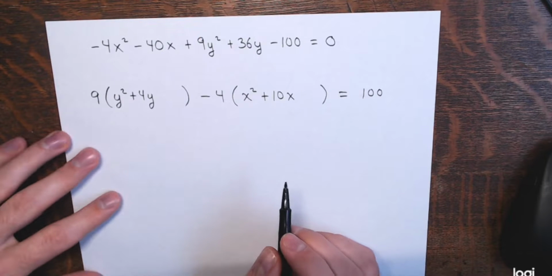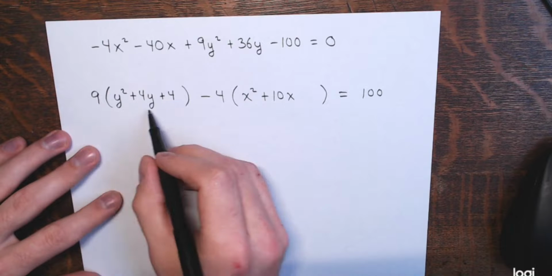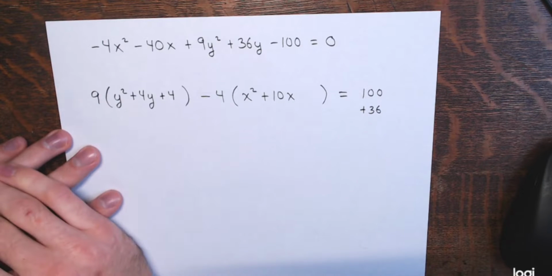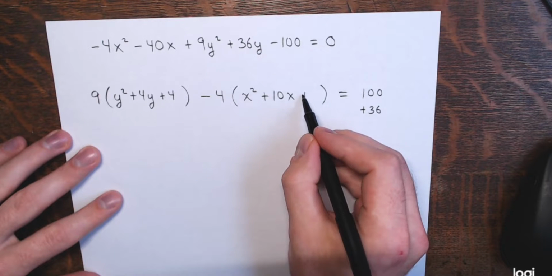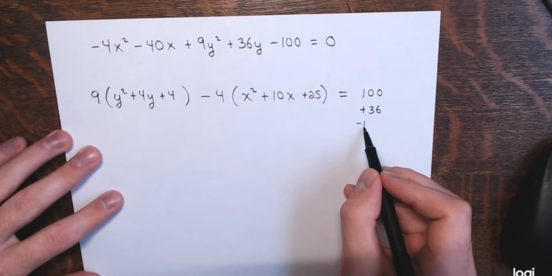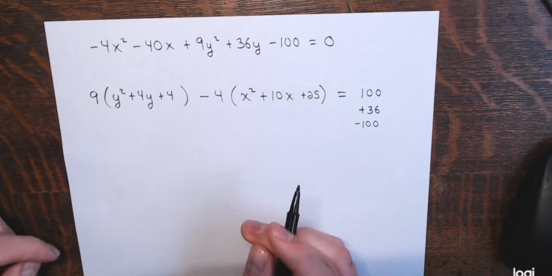All right, now to complete the square on the y's, I'd add 4. But remember, 9 times 4 is 36, so I'm going to add 36 to the other side to keep it balanced. Then to the x terms, I'd be adding 25. Negative 4 times 25 is negative 100. All right, so I got to put negative 100 on the other side.